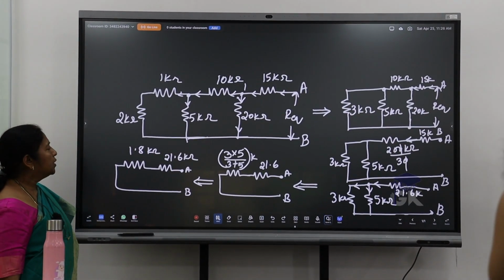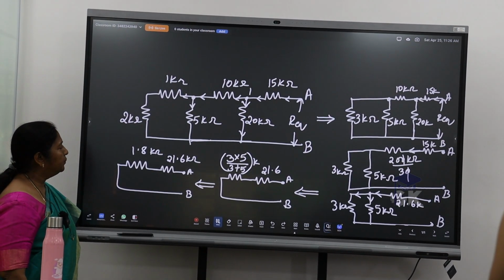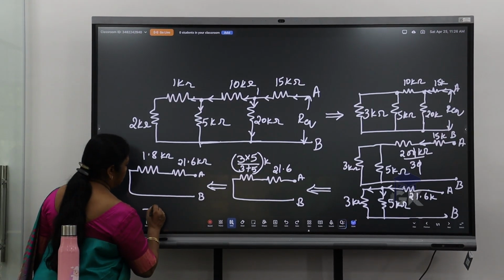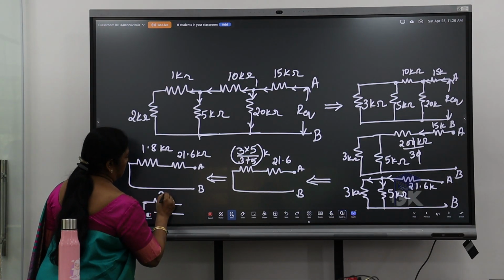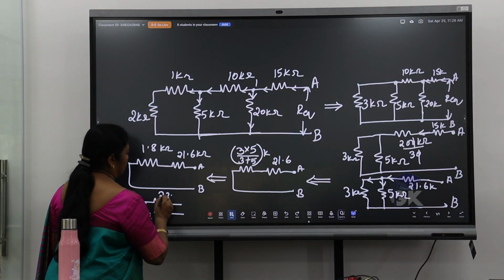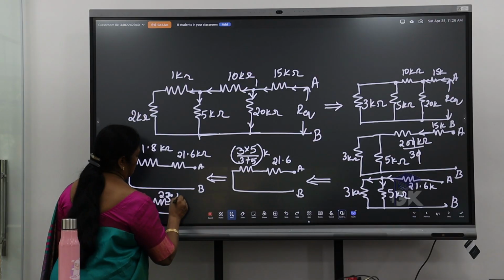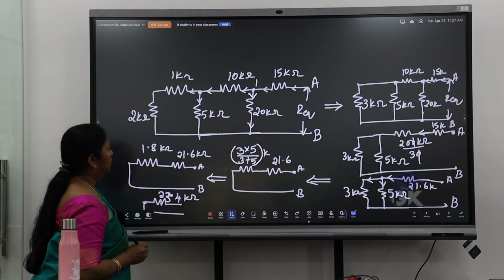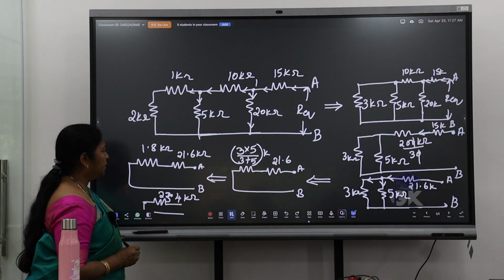Now it's very easy. 21.6 plus 1.8, 23.4.